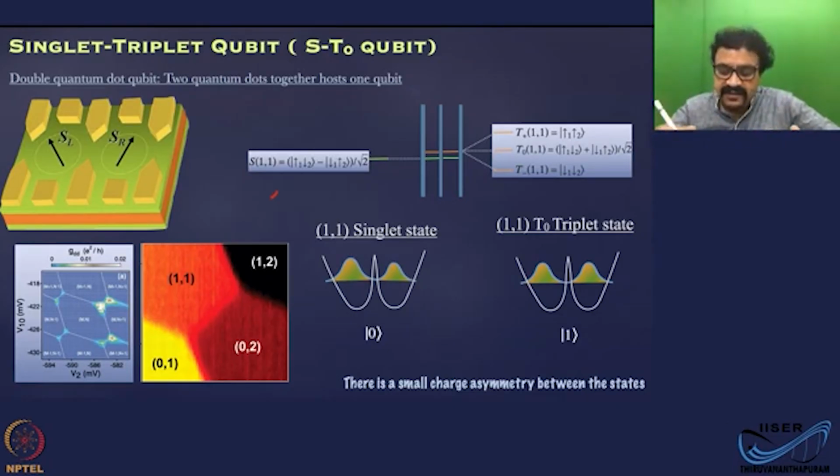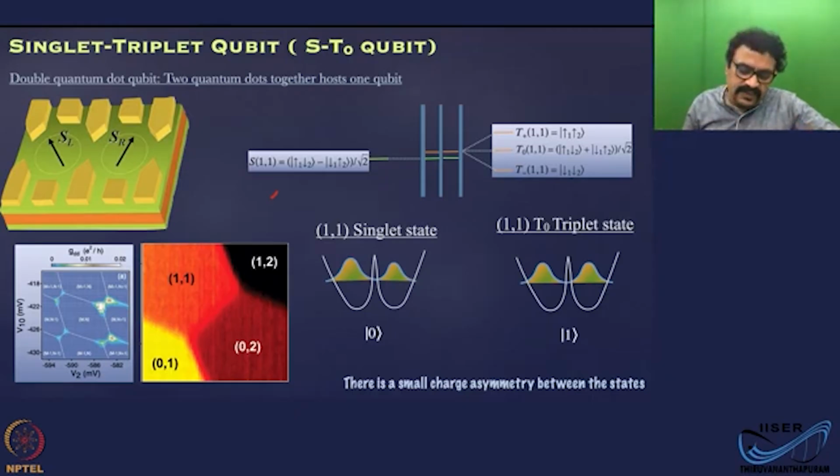But the states here are the singlet S and T0, this triplet state. They are very close in energy. And when you apply a field, only these two will be aligned and these two are different.